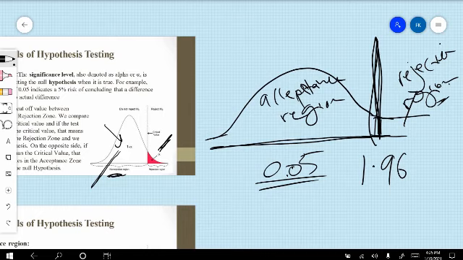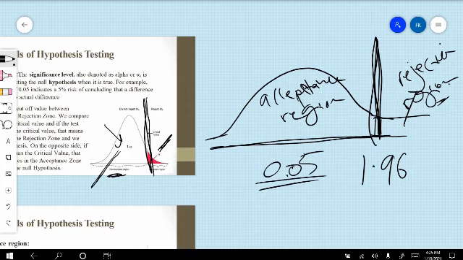When we use the test statistic which is suitable for our problem, if the tabulated value is bigger than the calculated, the calculated will be in the acceptance region, it will be here. If it is smaller than the critical value, it will fall here in the acceptance region.